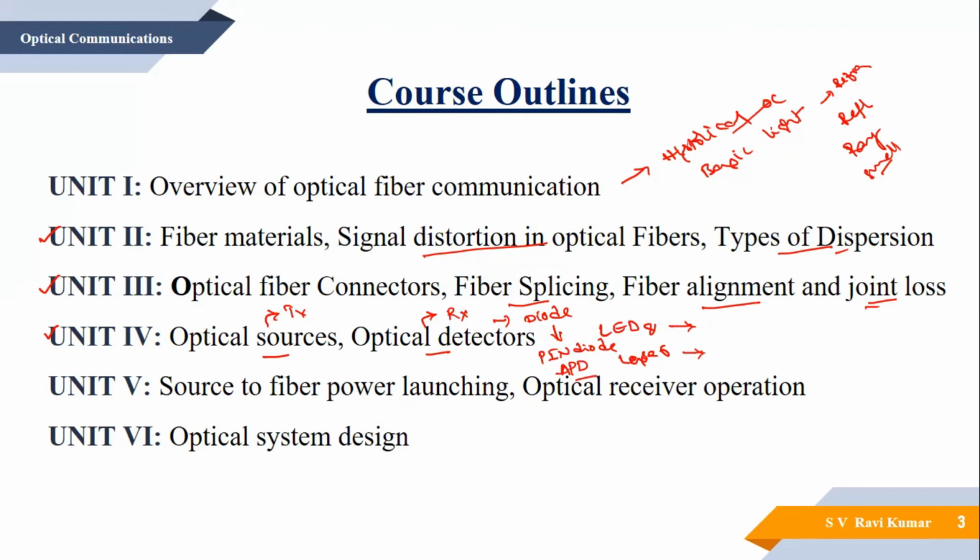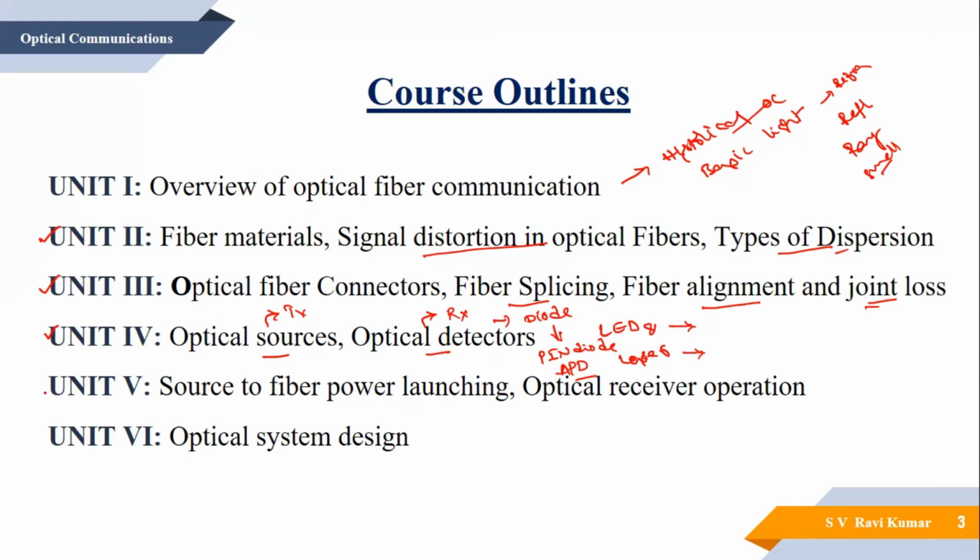So these are the diodes which are used as optical detectors. So we have different types of diodes. We will discuss different types of detectors, but we are going to use pin diode and avalanche photodiode only. We will take comparison analysis also in the coming videos.